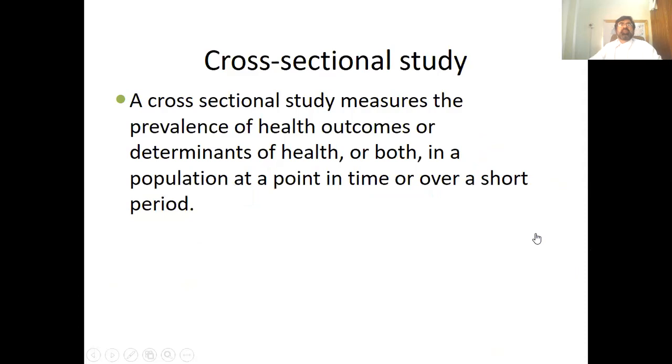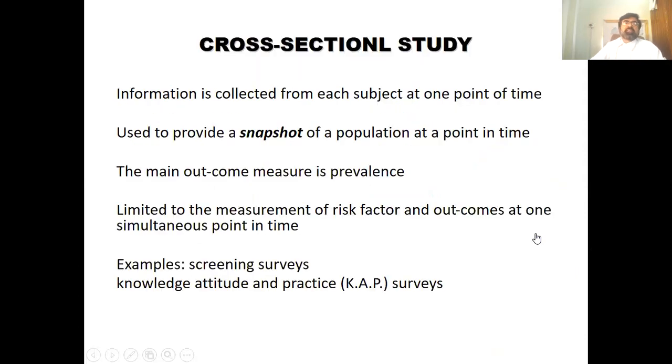The cross-sectional study measures the prevalence of health outcomes or determinants of health, or both, in a population at a point in time or over a short period of time. In a cross-sectional design, information is collected from each subject at one point in time, used to provide a snapshot of a population at a point in time. Snapshot of a population means you go into a community, into a population, once, and then you come back.